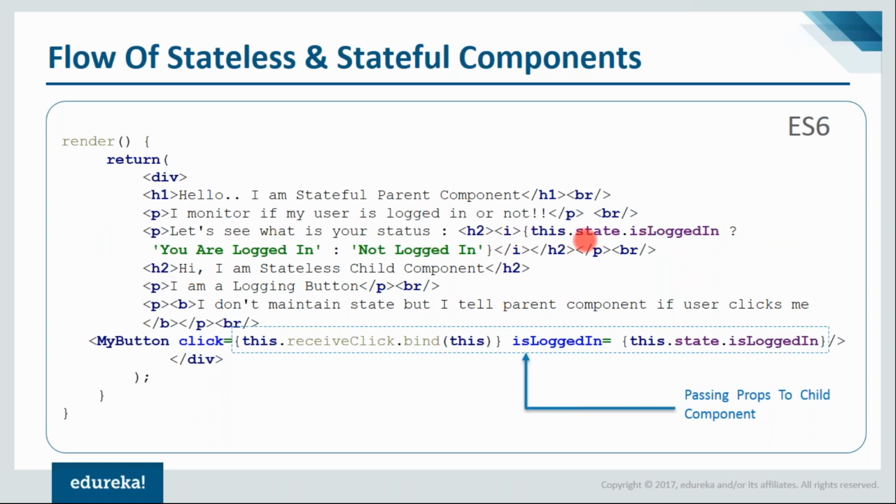In fact, initially when the application is accessed, it would be logged out. So I'm basically using the conditional statement to print what is my current status. For that, I'm saying this.state.isLoggedIn, which I have initially set over here. Correct? If this.state.isLoggedIn is true, then it would print you are logged in. But if this condition is false, then it would print not logged in. So in my case, initially it would print not logged in, right?